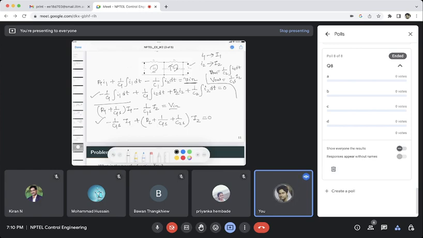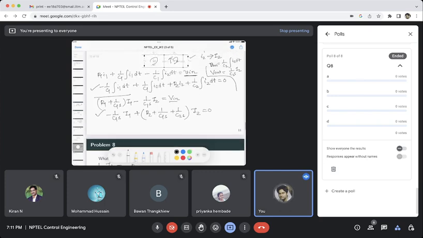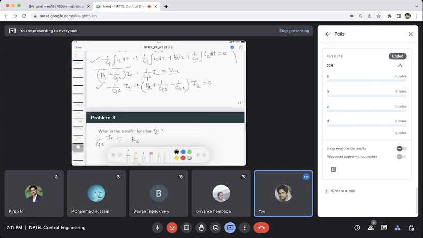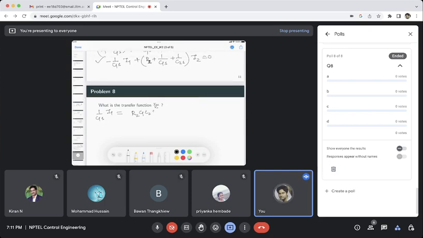I'll write here: taking the other side, it is just plus, so I1 times 1 by C1 s equals R2 C1 C2 s plus C1 plus C2 by C1 C2 s, times I2.